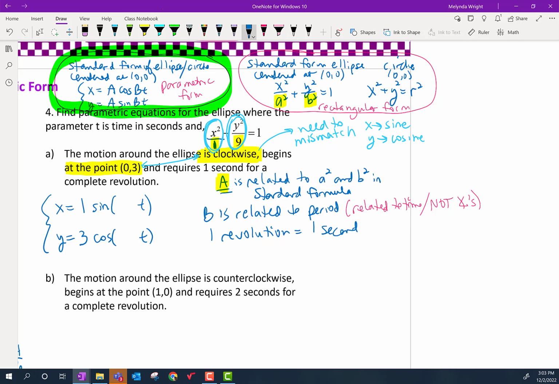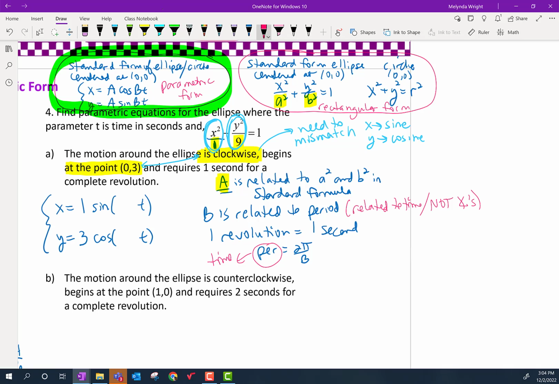So we still use period equals 2 pi over b, but this period is going to be time.